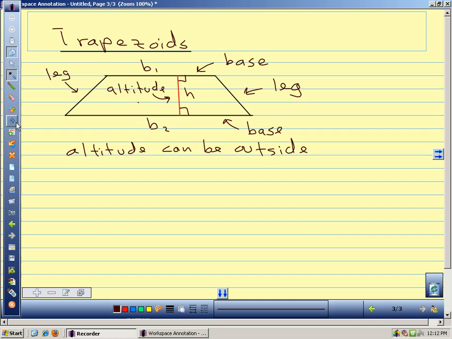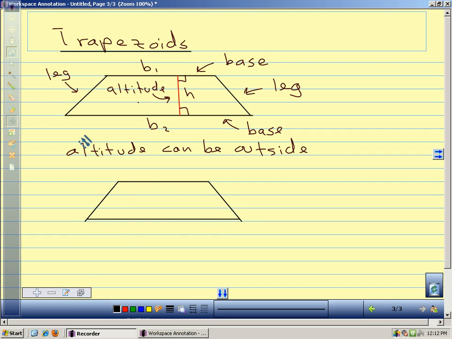So let me draw a trapezoid here, and we'll put our altitude outside this time. So I'm going to extend one of the bases like we did before. And then my altitude is going to go here.